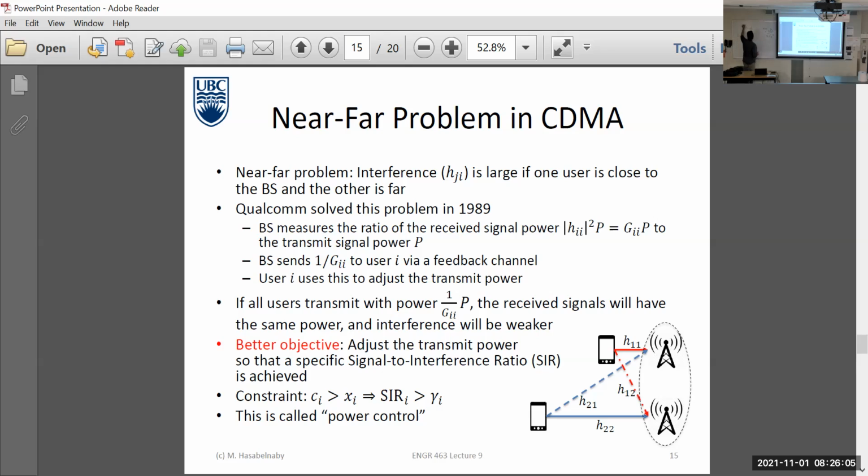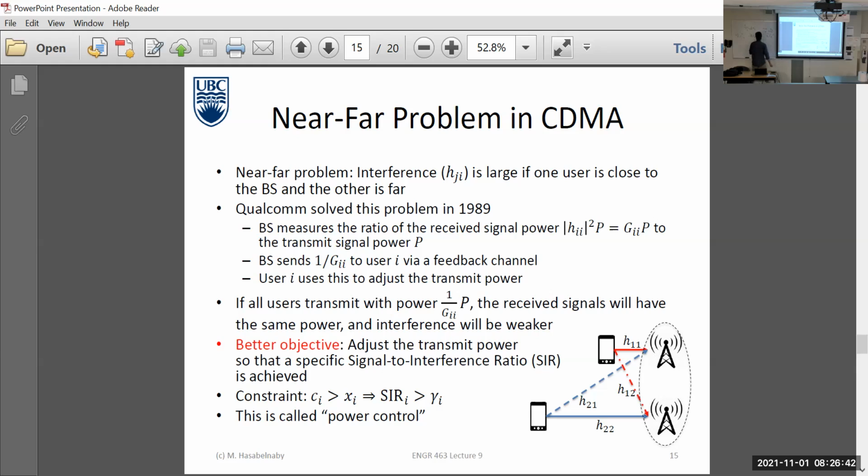This user 1 is communicating with base station 1, and this is user 2. Here the channel is H11, H22, H21, H12. So we can form our channel matrix H11, H12, H21, H22.